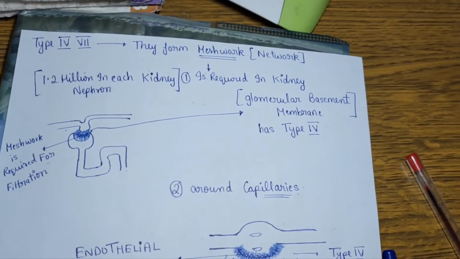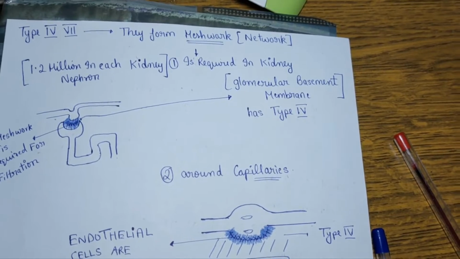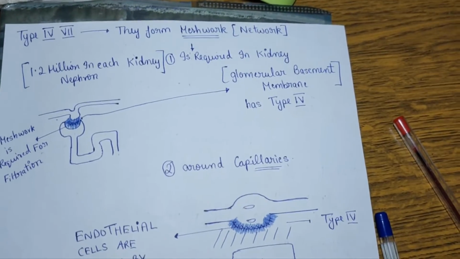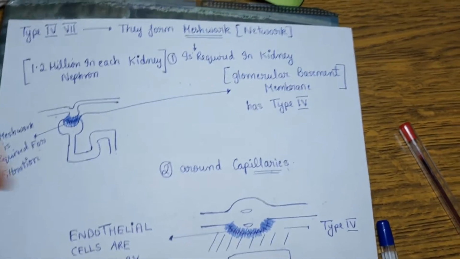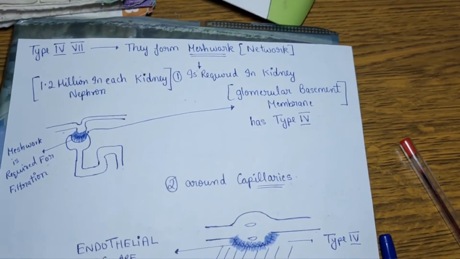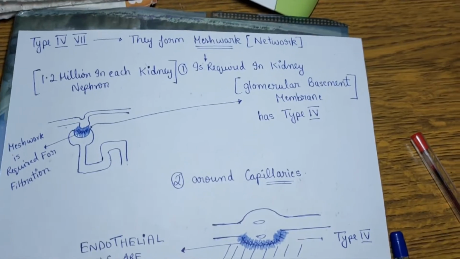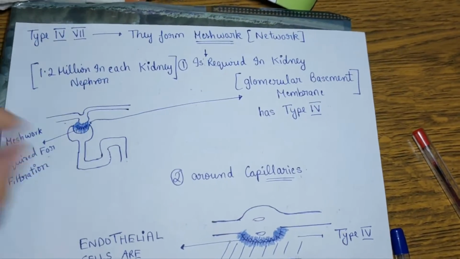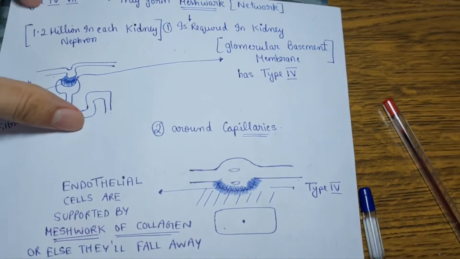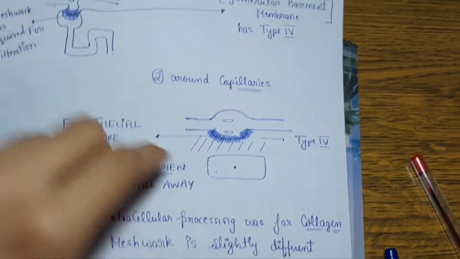Type 4 and type 7 collagen form a meshwork or network type of pattern, and it is present in few places such as in the glomerular basement membrane. In kidneys it has type 4 collagen because that helps in passage of selective materials through the glomerular basement membrane. And then it is also seen in capillaries.